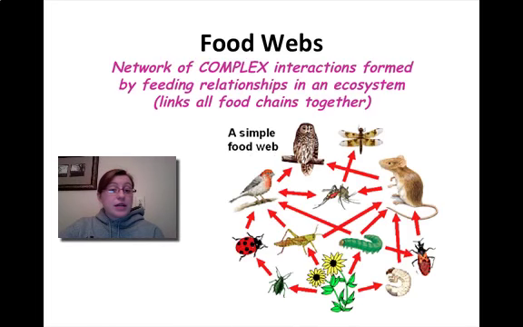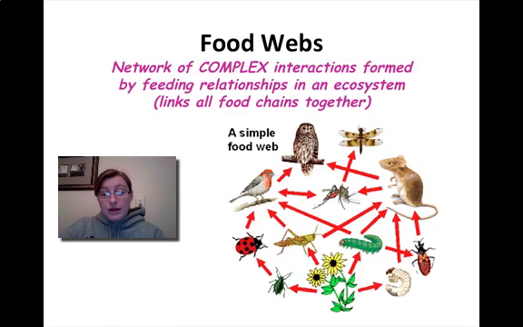Then we can take food chains and we can link them together, and we can see how they interact to form a food web. So one thing to note here, it's very important that in one food chain, for example, let's look at the bird that's here, right? In one food chain here, this bird looks like a third level consumer.